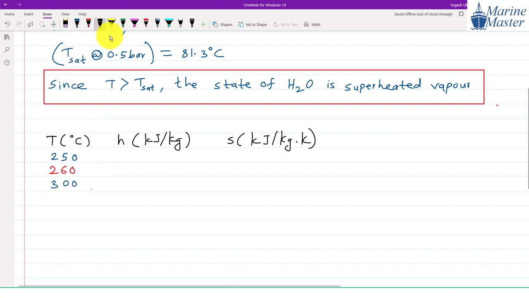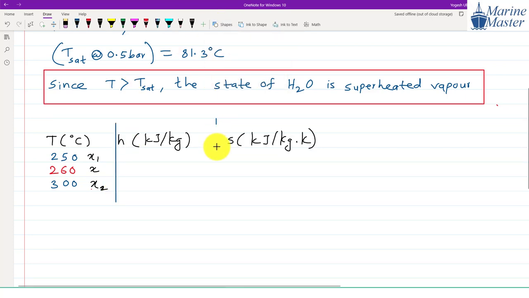We can consider it as our x1 and x2, and our x, that is 260 degrees Celsius, lies between x1 and x2. Observe, I'm writing this for our understanding. In the exam we are not going to write it like this.